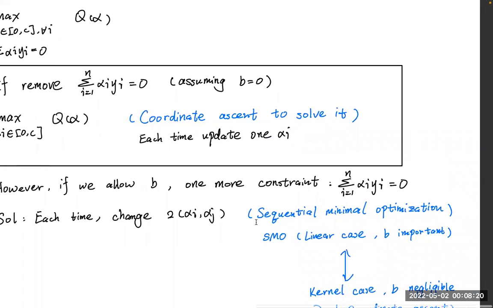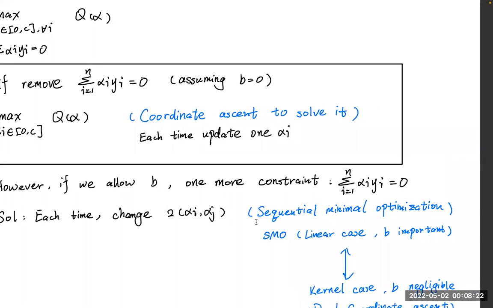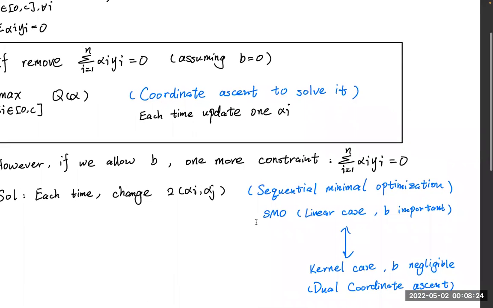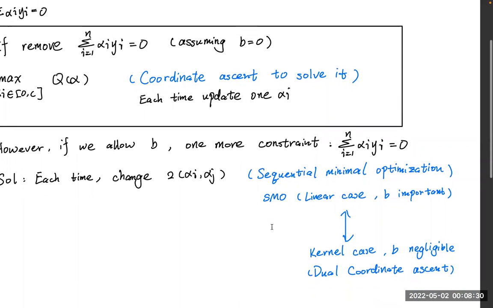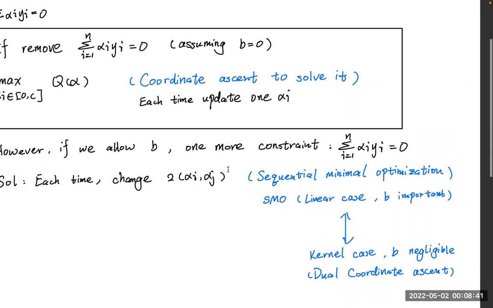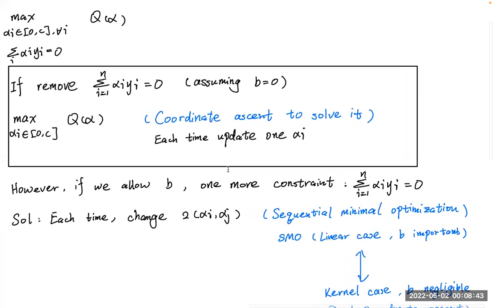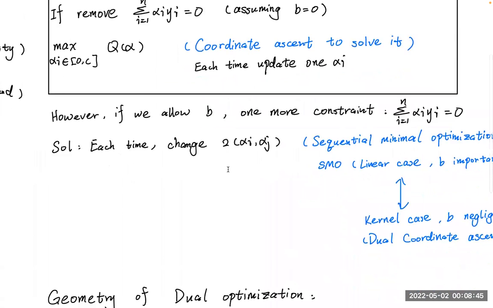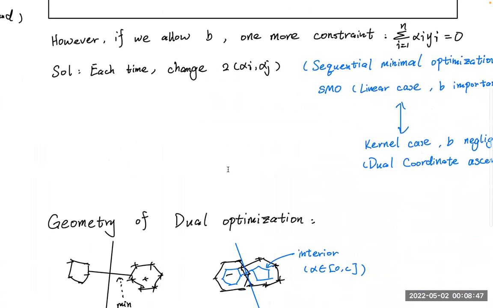This is called sequential minimal optimization, SMO. In the linear case we do want b, but in the kernel case b is not that important. When Q alpha is written in terms of all those K(xi, xj), we can probably neglect b and still learn a reasonable classifier. So that's the computational aspect.